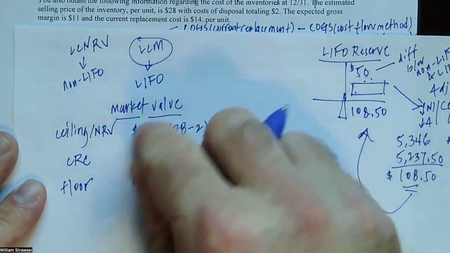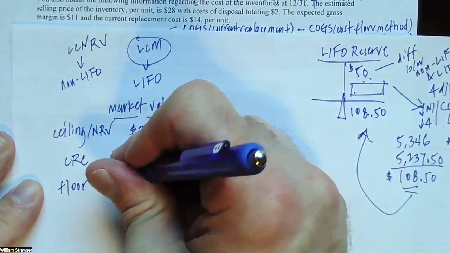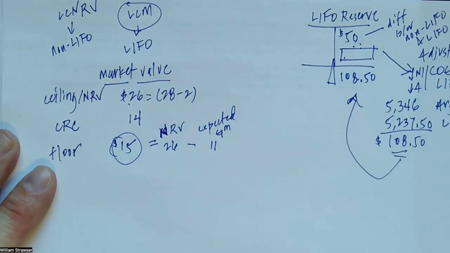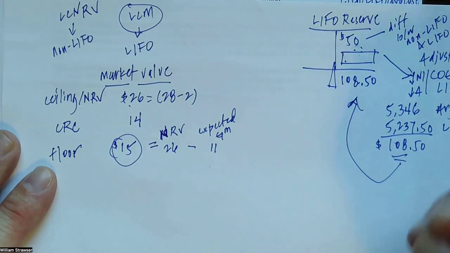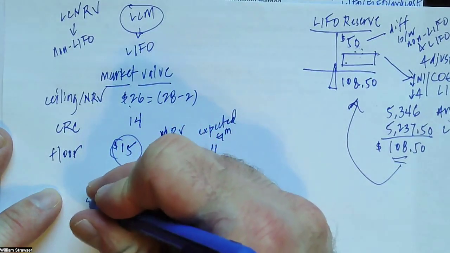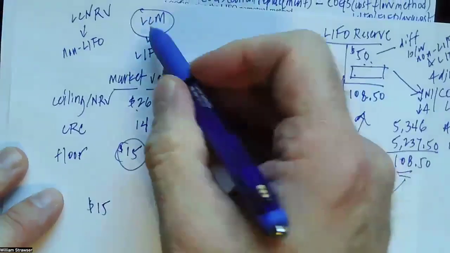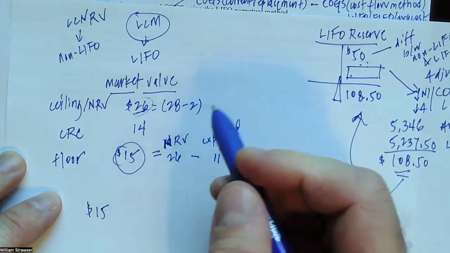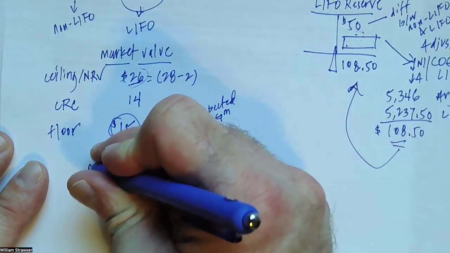I take the median of these three values, which means I'm going with the floor. This is the price per unit that I would want to assess the inventory at under LIFO perpetual. Given that I'm using LIFO perpetual, I apologize, because we're using LCM. If we were using LCNRV, we look at this instead. So we got $15. This is our market value.